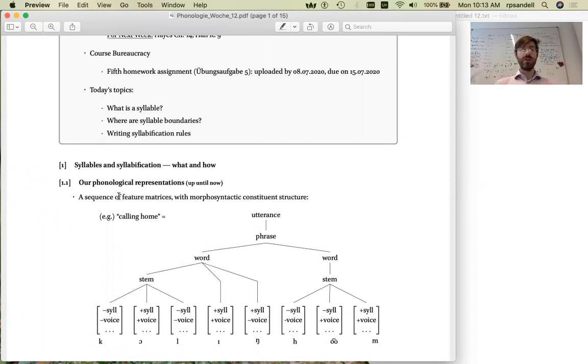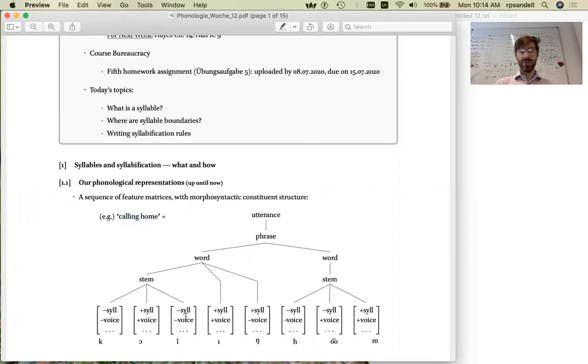So, as I've said, thus far in our course, we can imagine that the phonological sequences that we've been interested in consist of sequences of feature matrices that have morphosyntactic constituent structure. So when we've talked about bounding domains, those bounding domains reference morphosyntactic units like the stem, the word, phrases, and entire utterances. So let's imagine the English phrase, calling home.